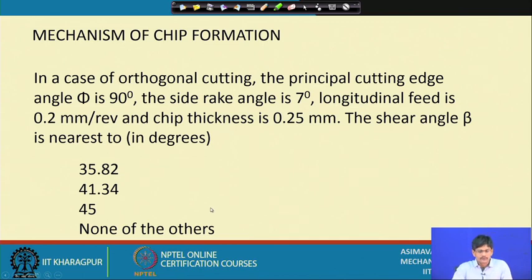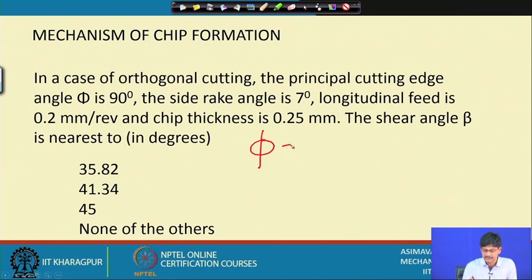In case of orthogonal cutting, the principal cutting edge angle is 90 degrees. Phi is 90 degrees. The side rake angle is 7 degrees. Okay. So, the most important thing to be noticed here, what is the data?